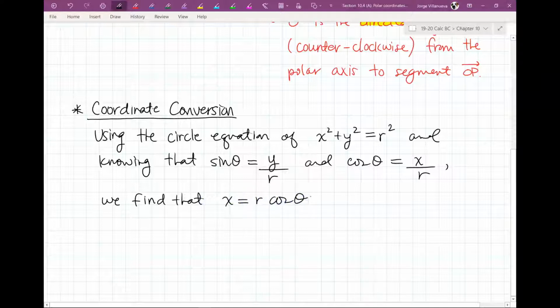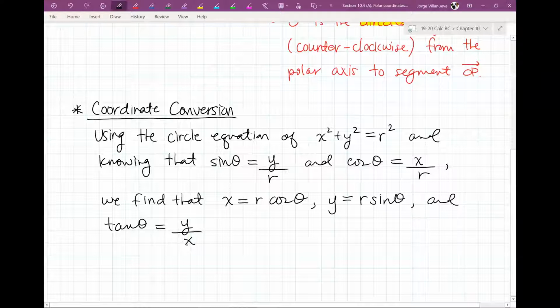So notice we can replace the letter x with an r and something with theta. So now we have polar coordinates in a sense, right? R, thetas. So we get x equals r cosine theta, y equals r sine theta. And notice the tangent of theta, they're just going to leave it as y over x, but you could always write it as sine theta over cosine theta too.